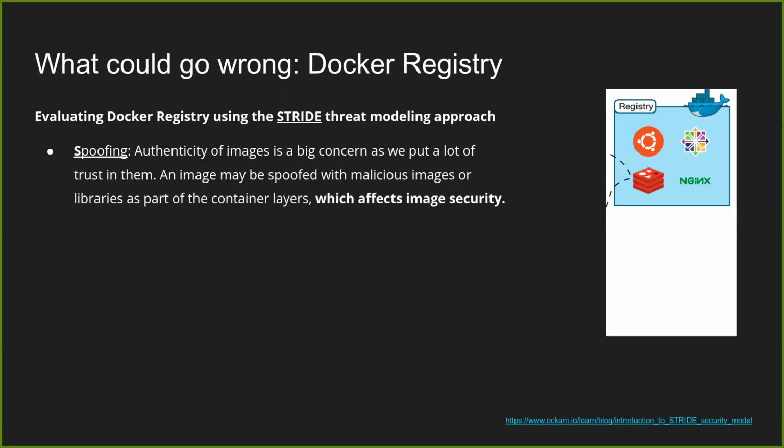So authenticity of images is a serious, big concern. And quite recently, Docker has introduced a number of ways to handle that, such as image scanning, and also the recent issue with, I think it's log4j or something, log4something.